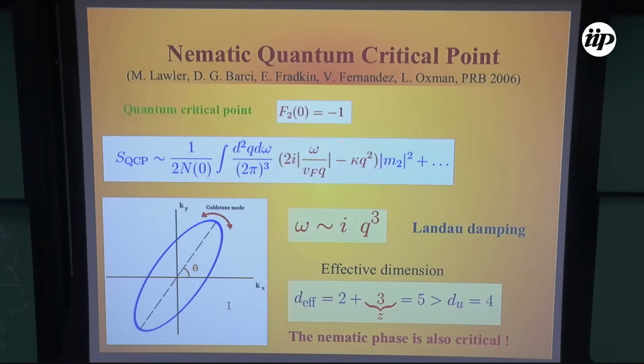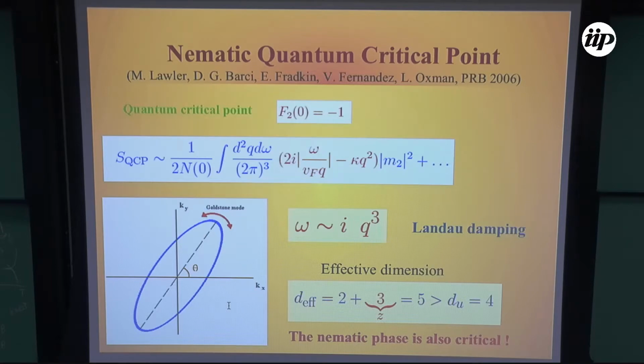The interesting thing is if you go to the ordered phase, you pass through the critical point, you have this deformation. You break your symmetry, and of course, in the continuum you will have Goldstone modes, and the Goldstone modes are essentially oscillations of this ellipse, because you don't need any energy in order to rotate it, and the dispersion of this mode is exactly the same.